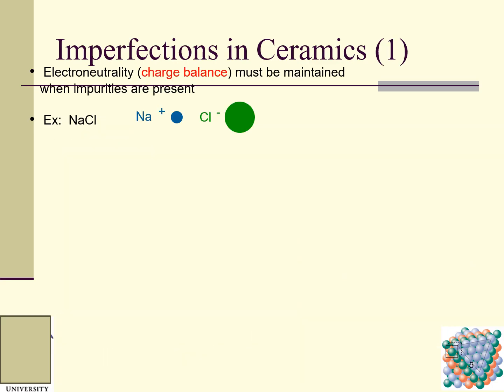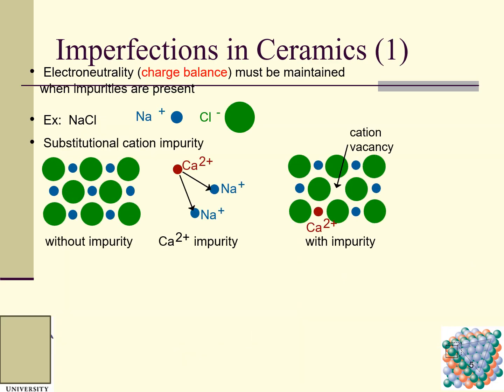No questions. So then we come to imperfections in ceramics and electroneutrality. The charge balance must be maintained when impurities are present. I have told you many times that electroneutrality is very important. Why?